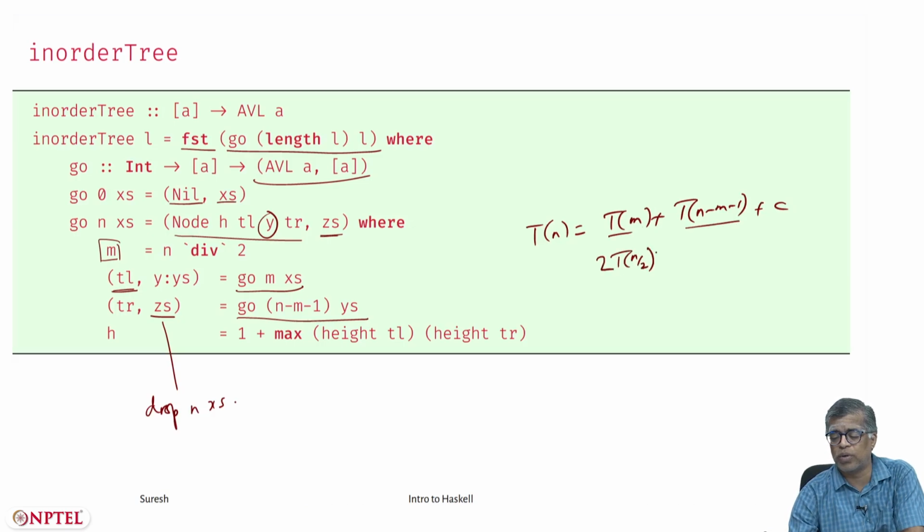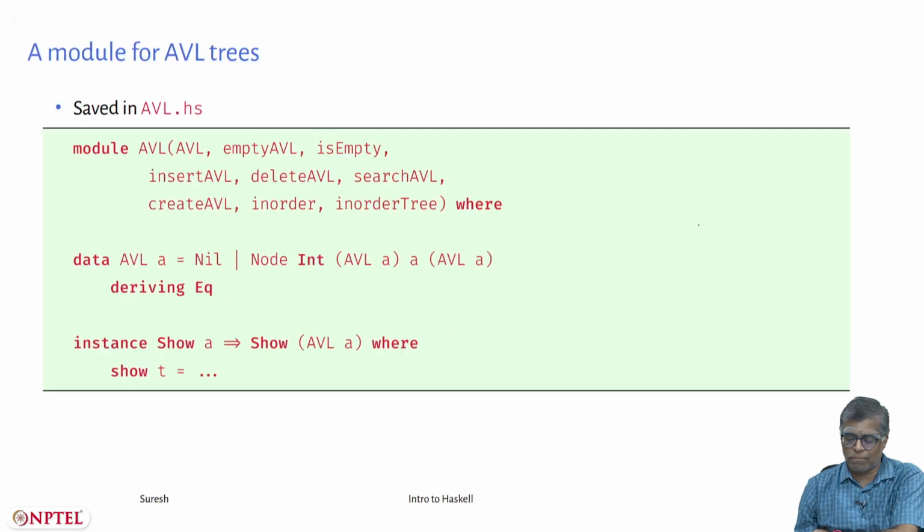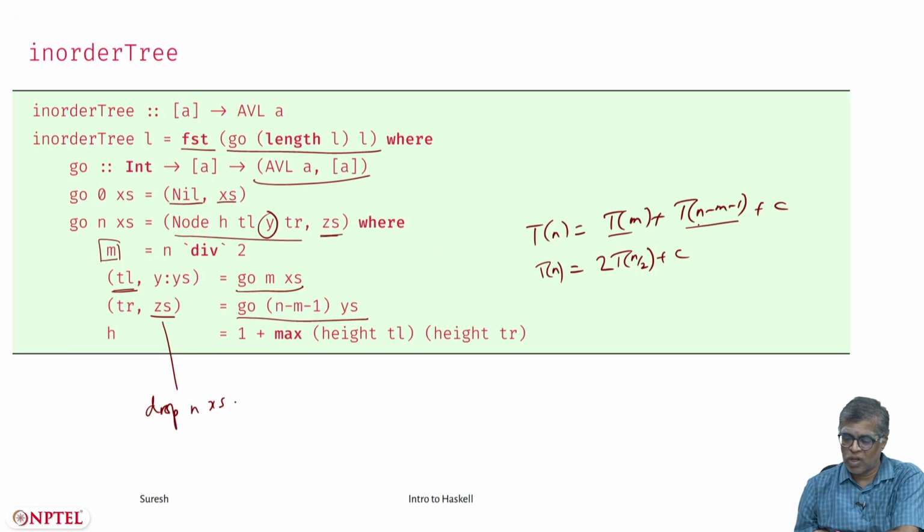So you have 2 T of n by 2 plus some constant, and this is actually order n. Okay, fine.